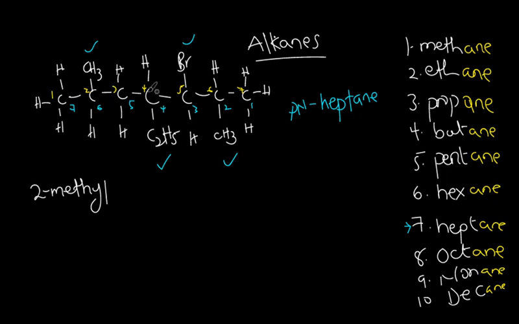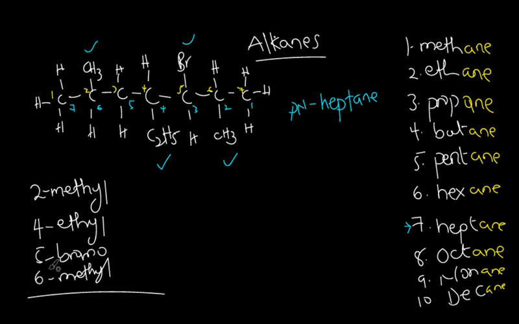Then we have 2 carbons and 5 hydrogen, so this is ethyl. It's also an alkyl substituent, but it's lacking 1 hydrogen. So this will be 4 ethyl. Then we have 5 bromo, we have bromine on 5. Then we have a CH3 on carbon 6, so we have 6 methyl again.